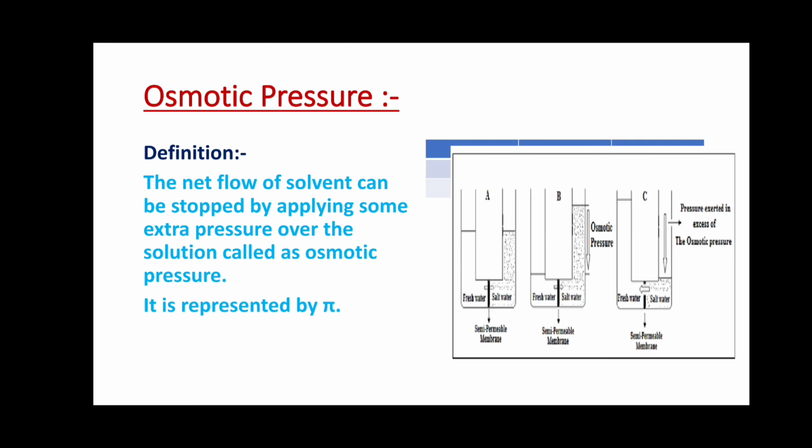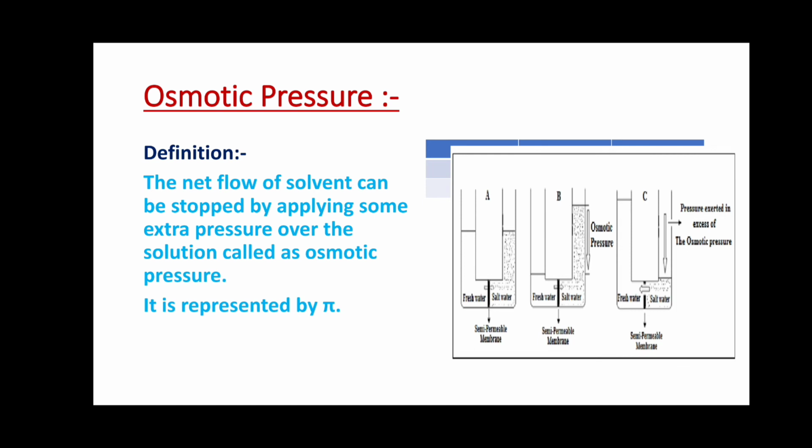So here, what is the osmotic pressure? This is the important point we are going to discuss. The net flow of the solvent can be stopped by applying some external pressure over the solution, and that is called the osmotic pressure. Here we take the pure solvent on one side and the solution on the other side. Solvent particles slowly flow towards the solution.